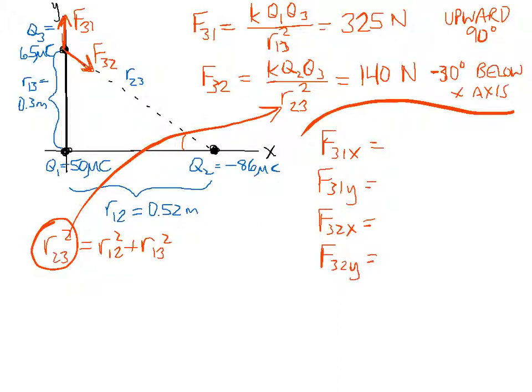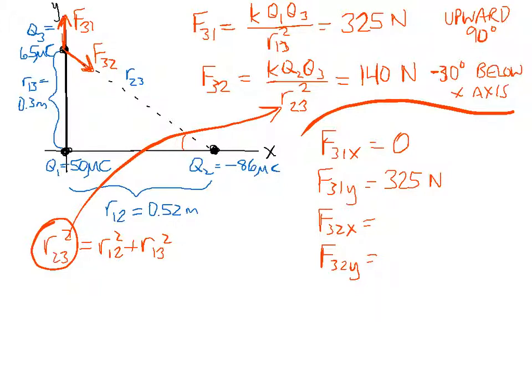So F31x, since that one's completely in the y direction, the x component is going to be 0, and the y component is going to be what it was equal to, which is 325 newtons.